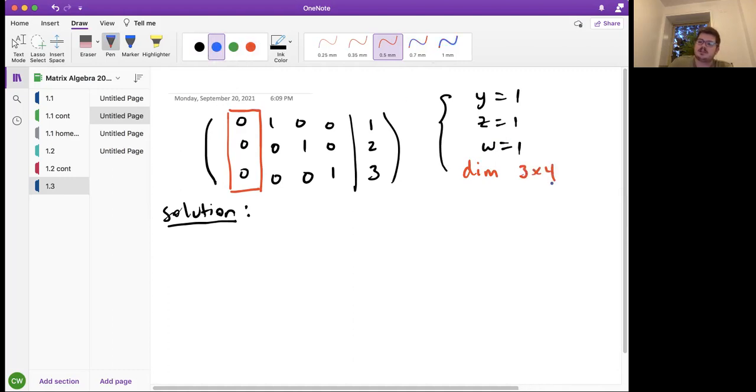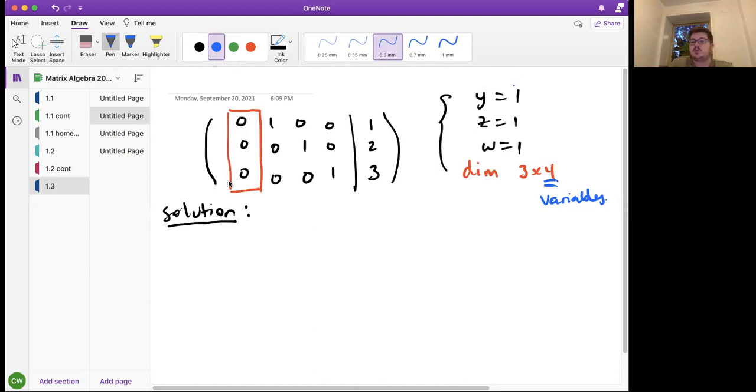And the big part is that there are 4 variables. However, there is no condition on x. This is not x equals 0. That would be a specific thing you need to say. But since there's no condition on x, x can be anything. Plug in anything for x. Are these things true? Yes, they are true.